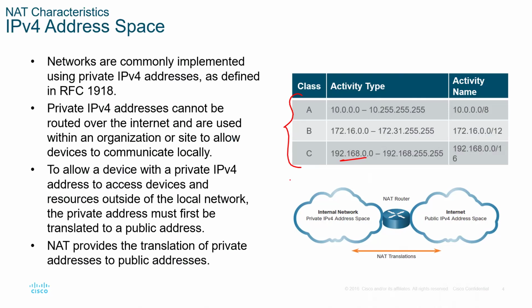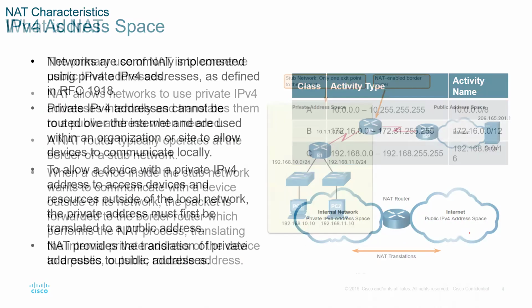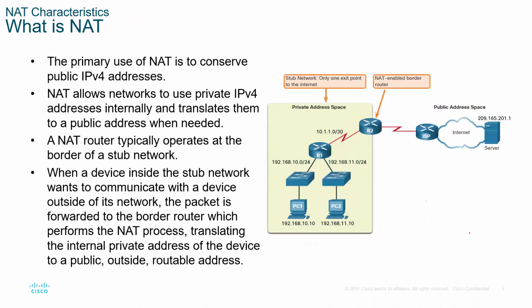So our private IP addresses will need to be translated to public IP addresses. Private IP addresses, internal network; public IP addresses, the internet, basically. The translation, that is what NAT does. A NAT-enabled router translates those private IP addresses to public IP addresses.